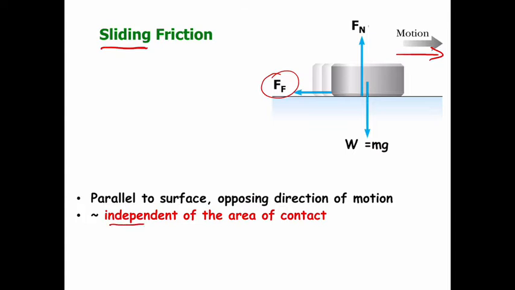It is independent of the area of contact. We're going to introduce this idea of coefficient of friction. The coefficient of friction depends on the 2 surfaces, not how big they are. If I have a tarp that's a 10 by 10 tarp and I'm pulling it across the ground, there's going to be a coefficient of friction between the tarp and the ground.